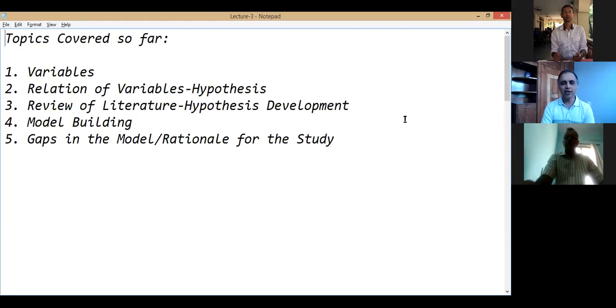So we discussed these things. I told you that actually there are only two gaps, either a new variable or a new relation. Then it's okay, you can always say not many studies have been done in my area, but that's a sort of validation only, not a new concept.